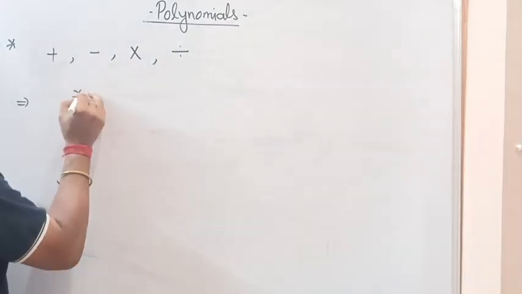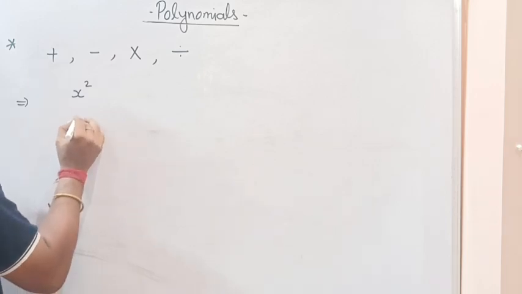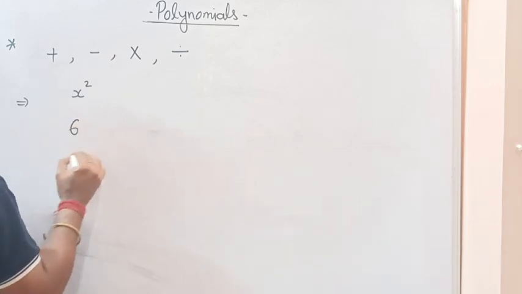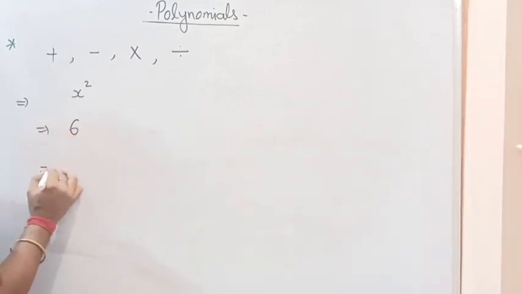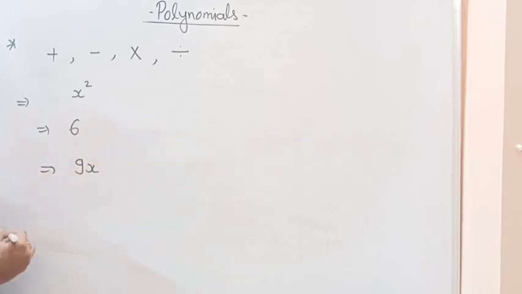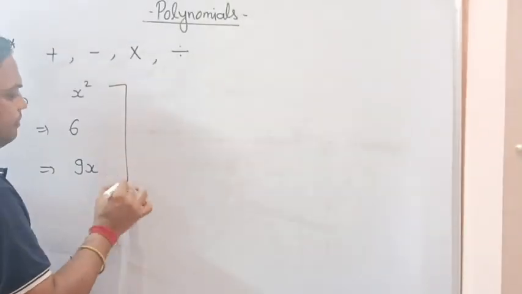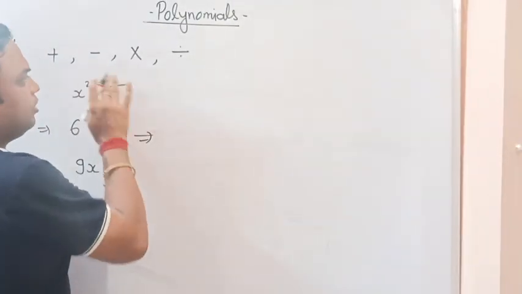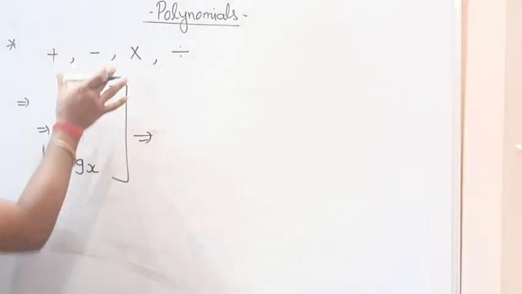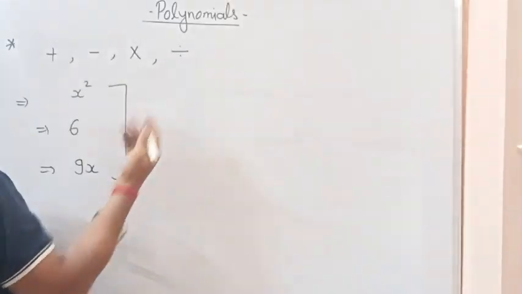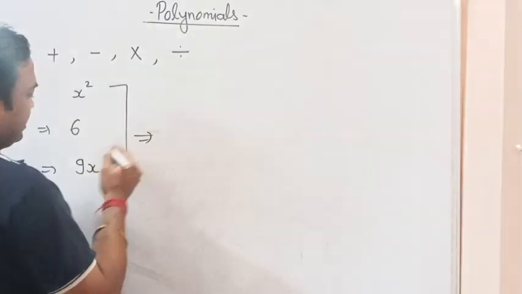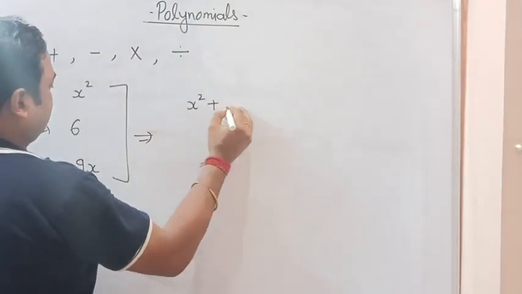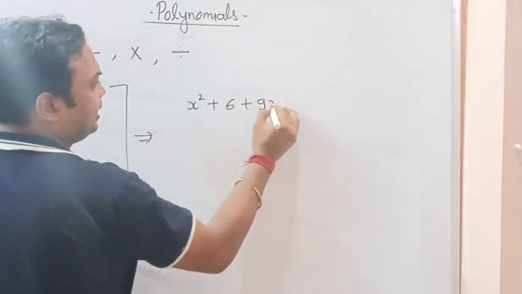For example, if x square is given, another term may be 6, and another term may be 9x. If we combine these terms with the help of these operators, the polynomial will form. We can write it as x square plus 6 plus 9x.